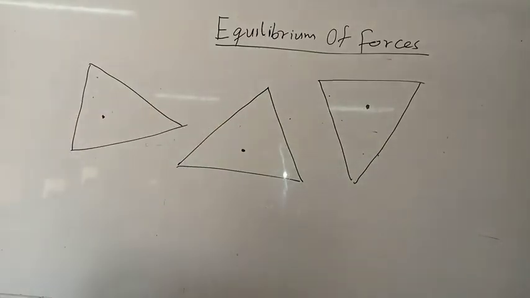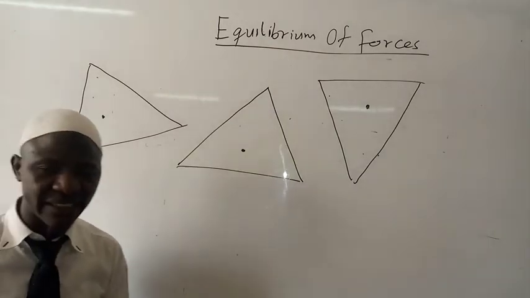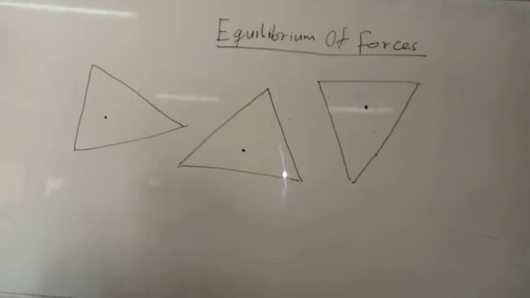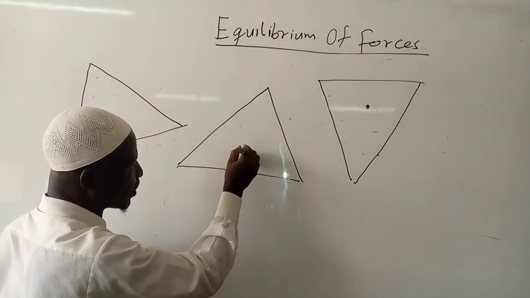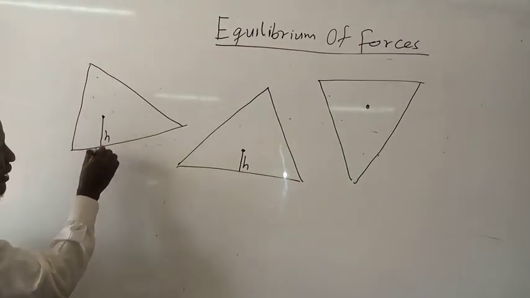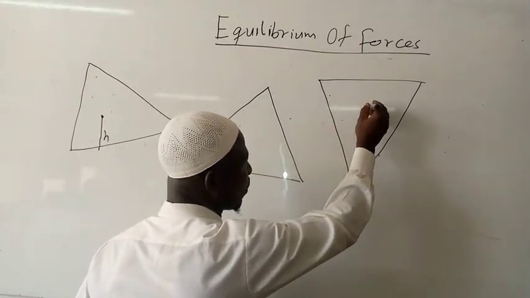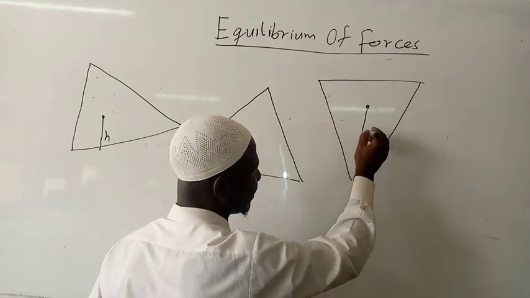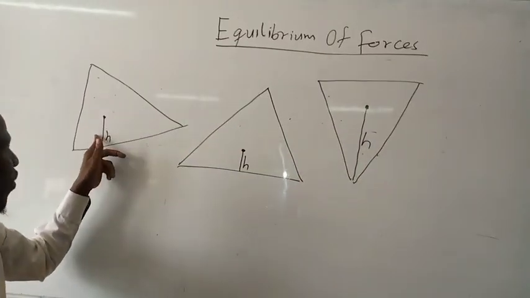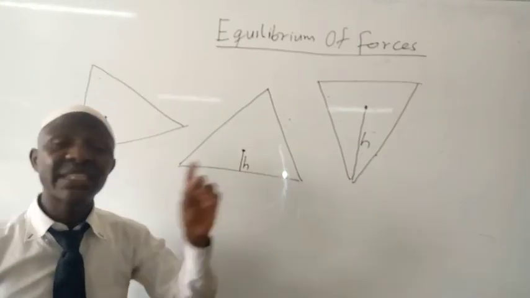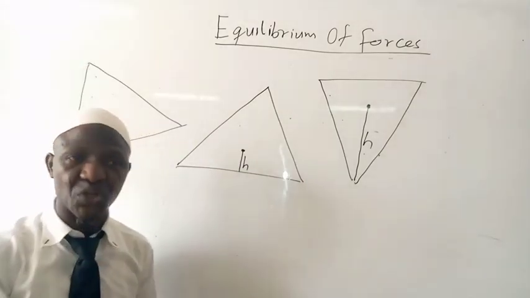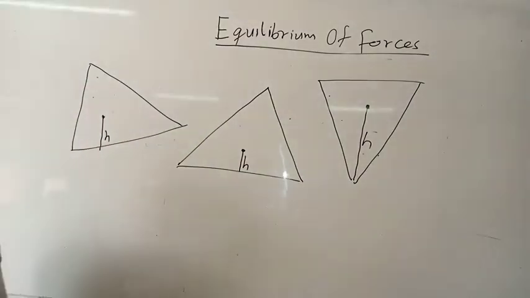Then let's look at the height. How does the height of the center of gravity of the body relate to the stability of the body? See the height of this one to the ground, the height of this one, and the height of this one. You can see that this one is higher than this. It is telling us that the higher the center of gravity of a body to the ground, the lesser the stability of the body.